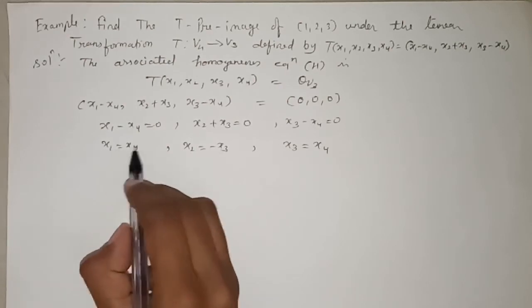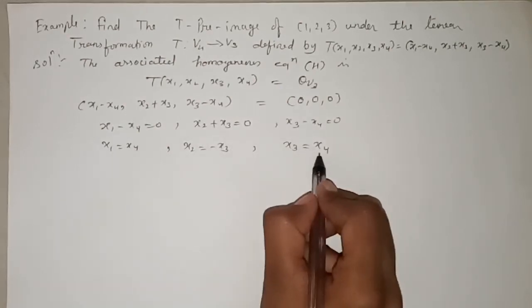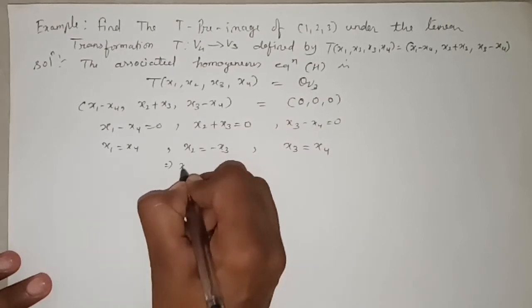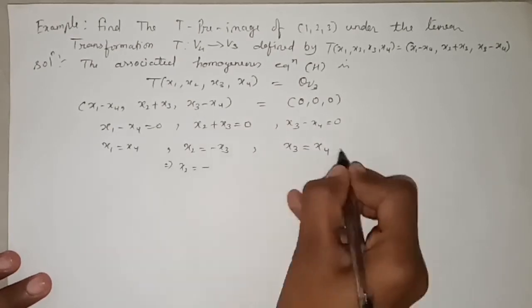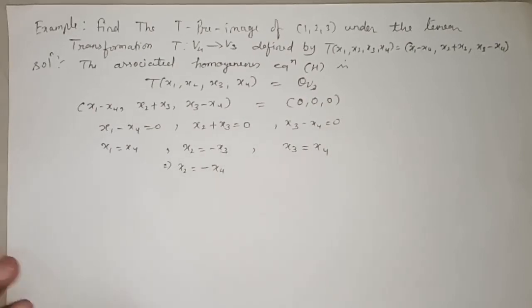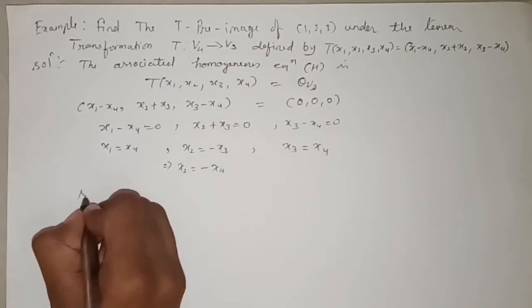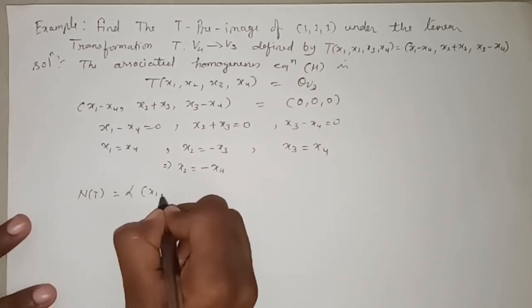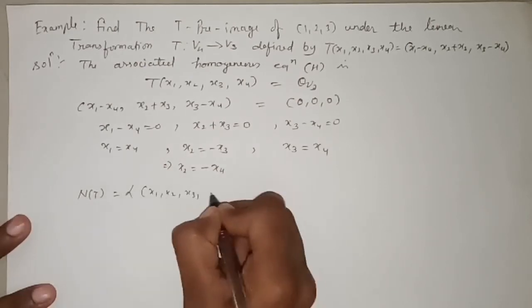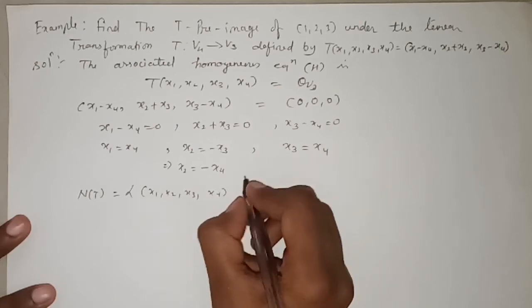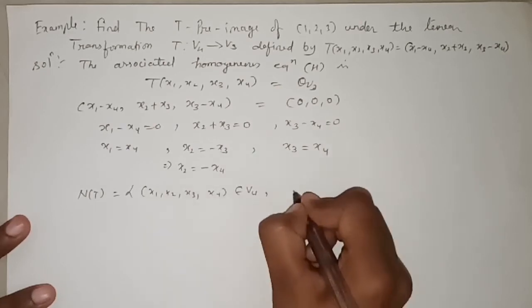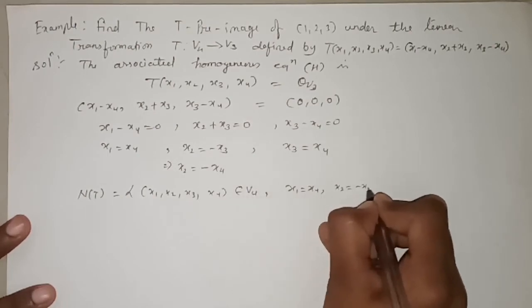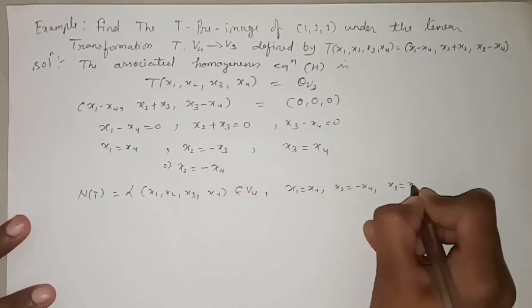Here x1 is equal to x4, x3 is equal to x4, and x2 is nothing but minus x3. So from this we can say that x2 is equal to minus x4 and x3 is equal to x4. Therefore the null space of T is all (x1, x2, x3, x4) belonging to V4 with the condition x1 is equal to x4, x2 is equal to minus x4, and x3 is equal to x4.